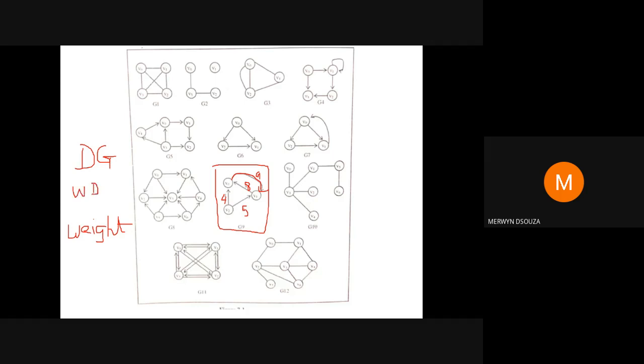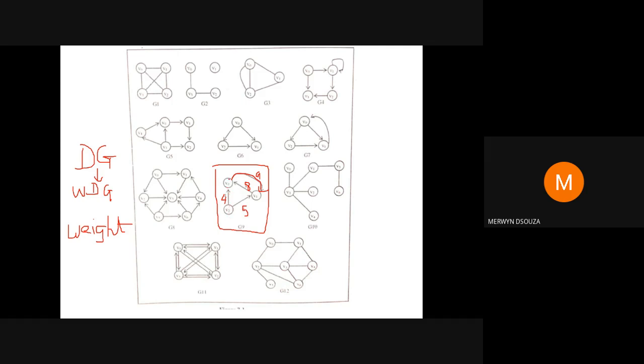Normally it will be written like this so that you understand the difference between a directed graph and a weighted directed graph. A weighted directed graph means there are some numbers or weights associated with the edges. These numbers could represent the distance between two cities, or the hours to travel between two cities.